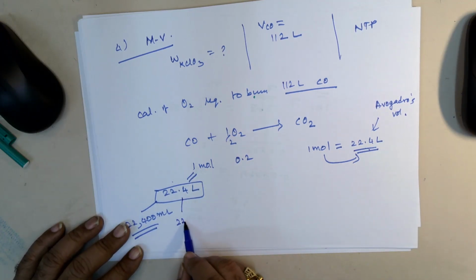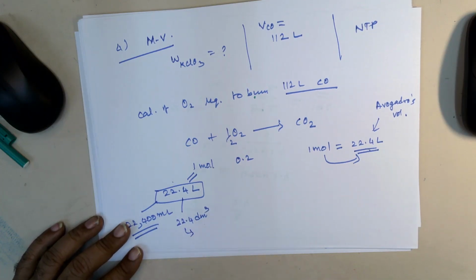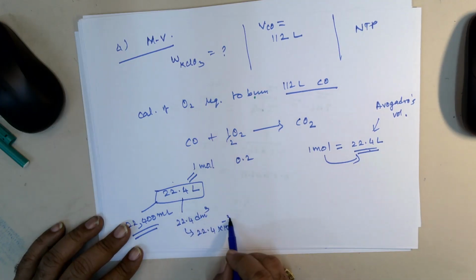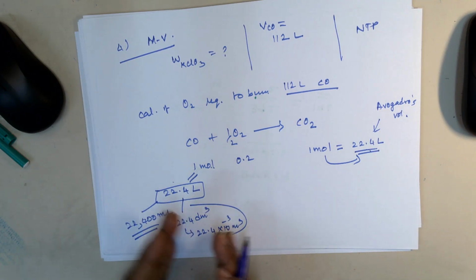This is also known as 22.4 decimeter cube. If you want to convert this into cubic meters, you multiply by 10 power minus 3. So you can put 22.4 into 10 power minus 3 cubic meters. About this I will discuss later regarding the conversion factors.